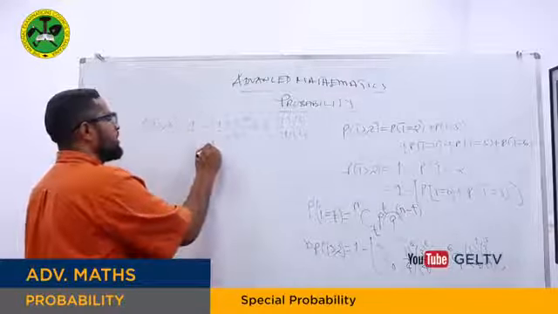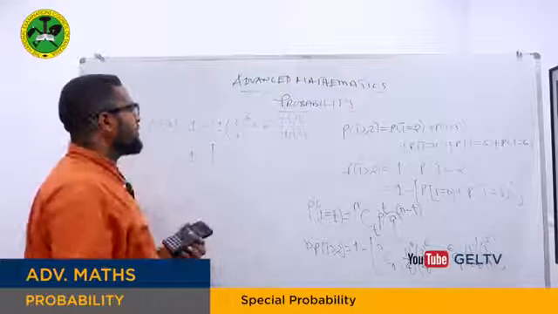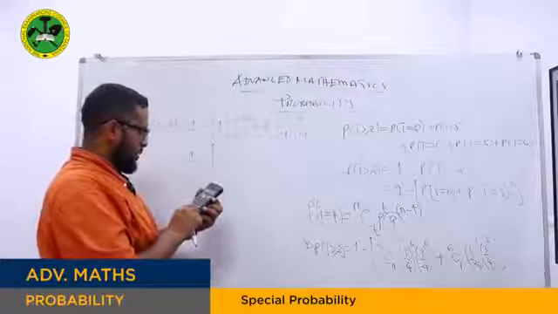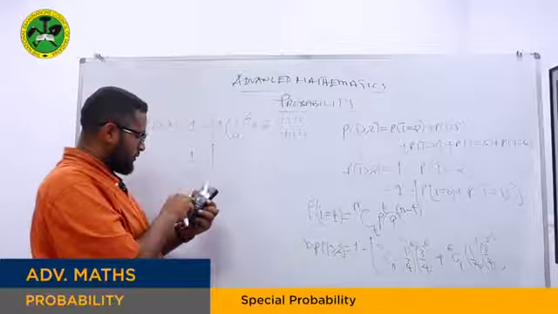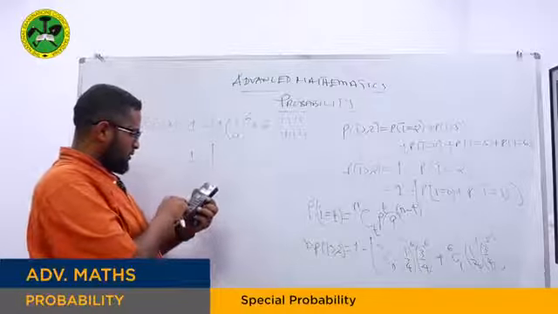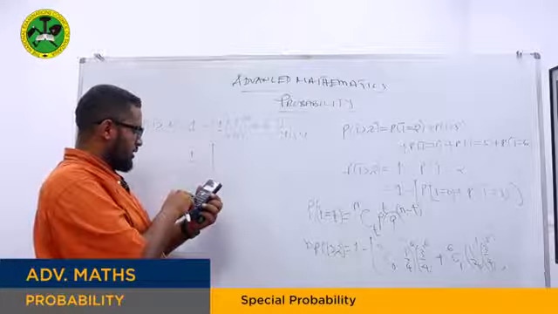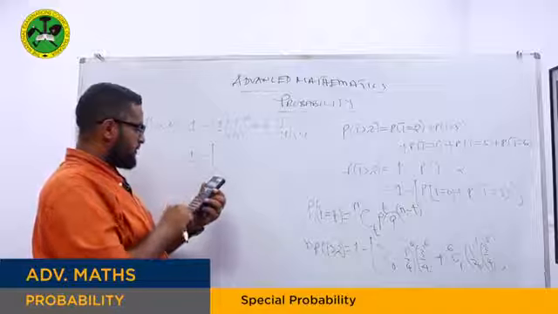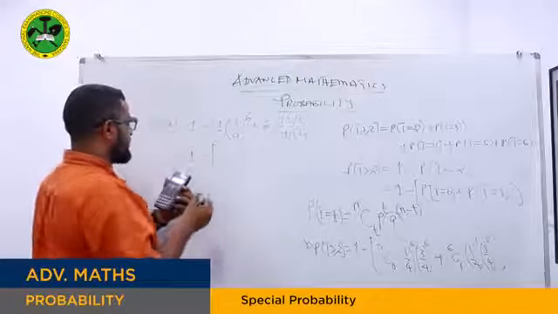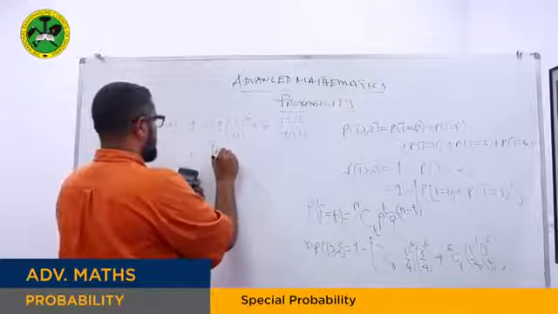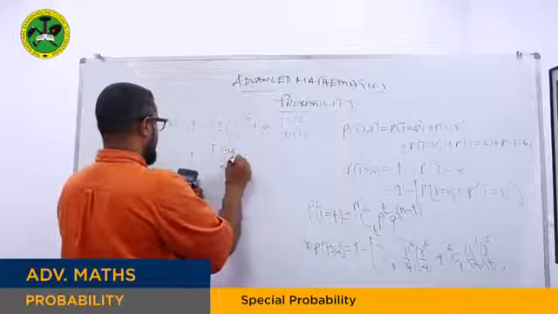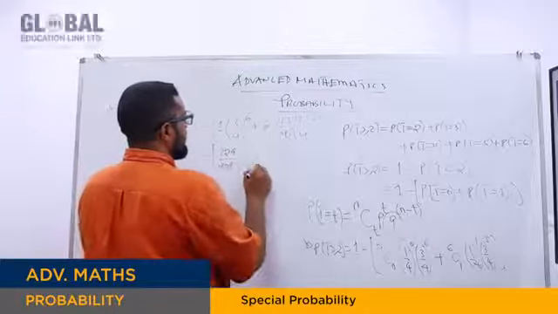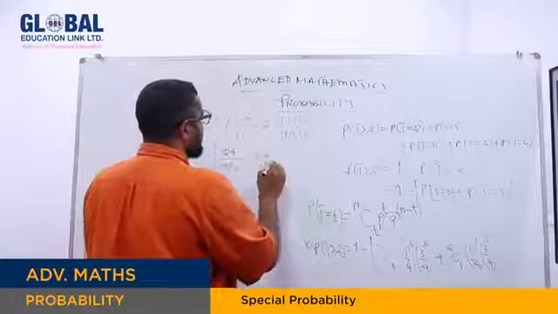So it is 1 minus. Let's go together, take your calculator. We are taking 3 over 4, then putting it to the power of 6. Three over 4 to the power of 6 is 729 divided by 4096, plus 6.